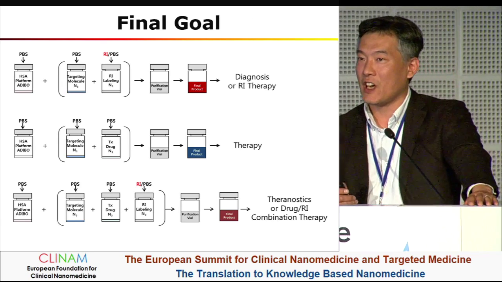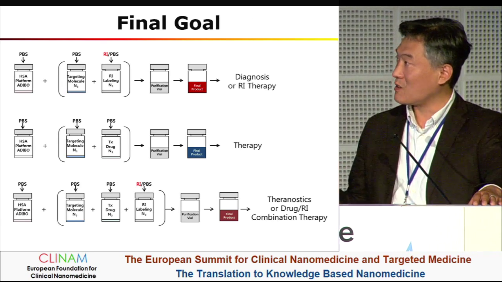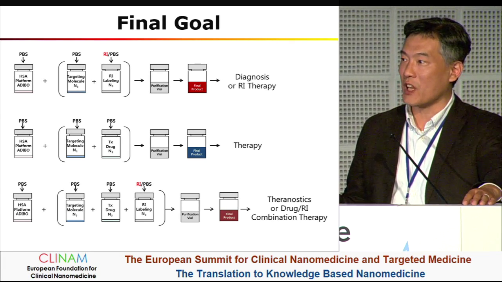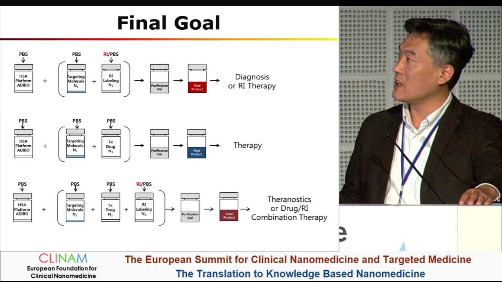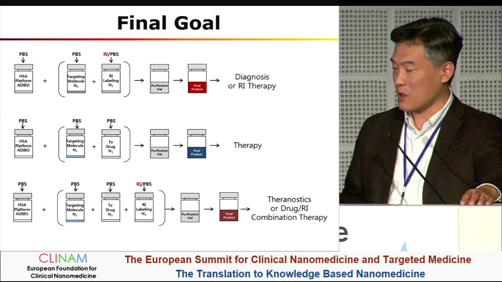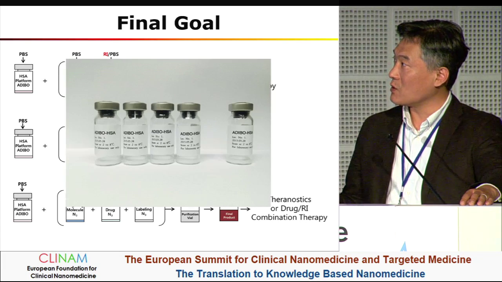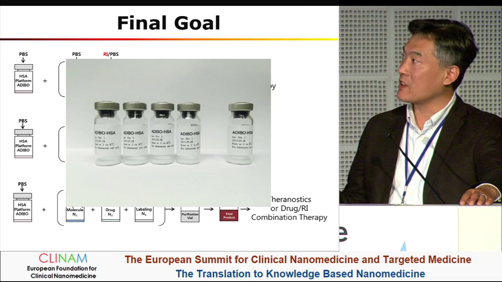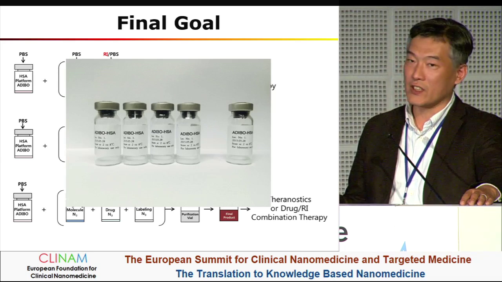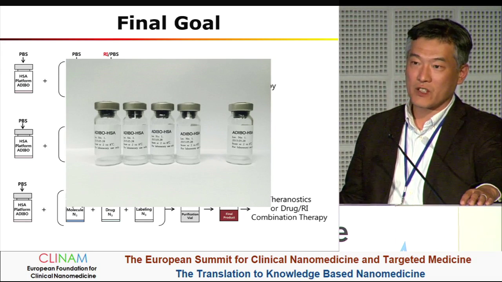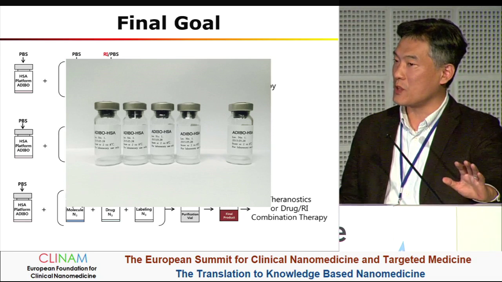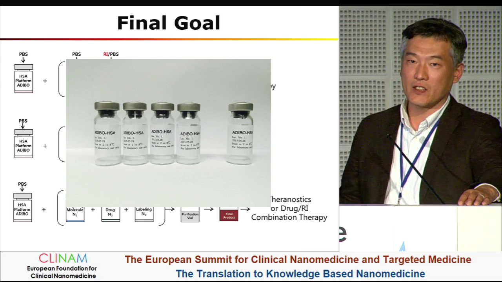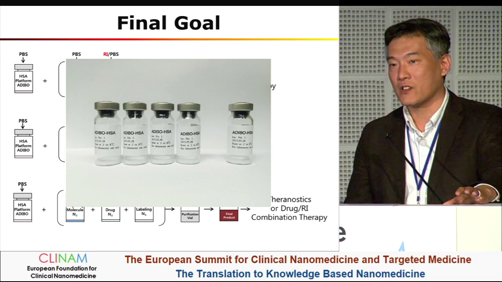So finally, we have a goal: this nano platform can be used for diagnosis and therapy. We can now prepare this kind of kit formulation, with targeting and radiolabeling kits, and I think we can also provide them to our co-workers.